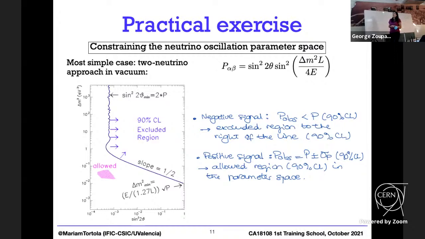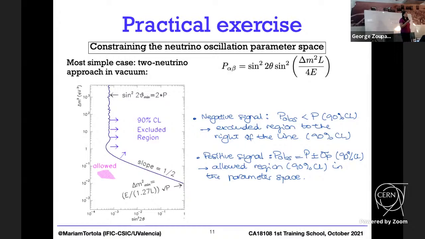And then one can do some experimental measurement trying to find out the value of this oscillation probability from a given experiment. And then one can have, of course, two different types of results, negative result or positive result. A negative result would be a result where the oscillation is not measured.